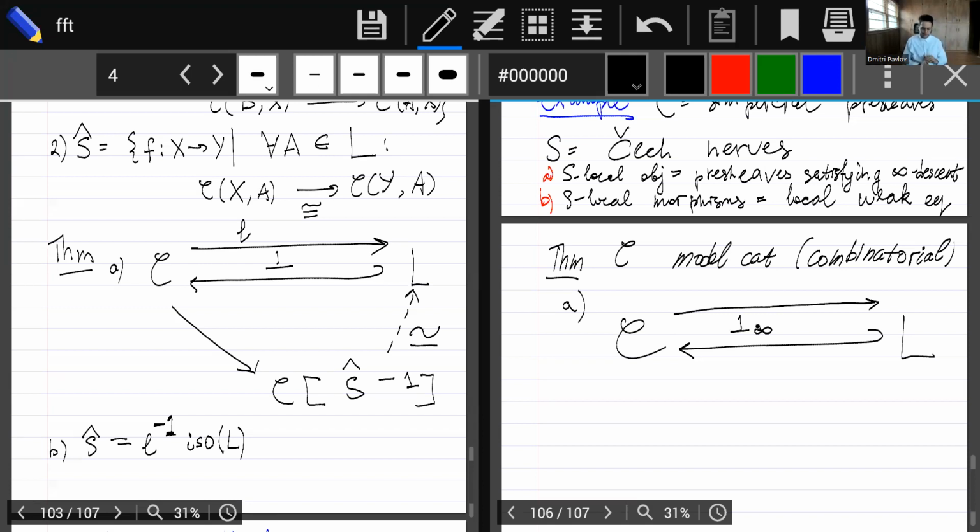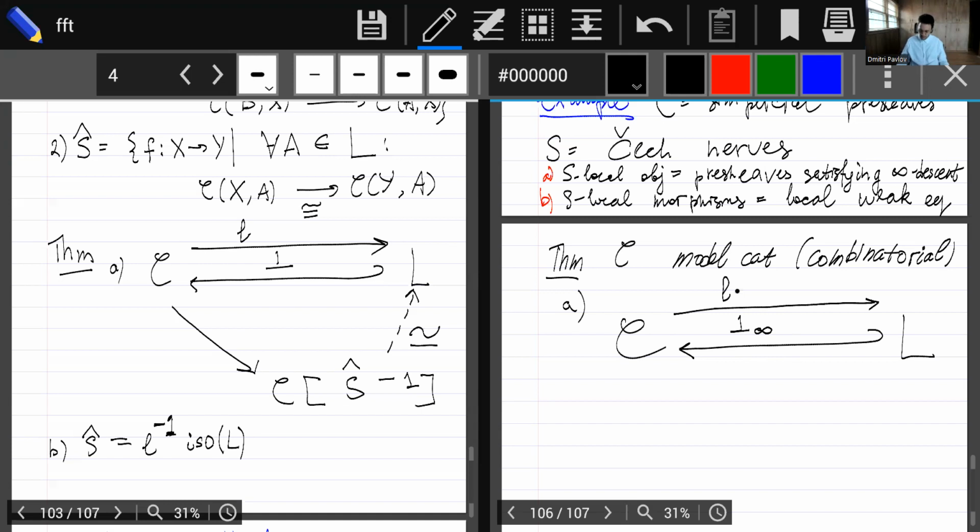This is not an adjunction on the level of underlying categories. So that's why I put this subscript infinity, to remind you that it only becomes an adjunction in the homotopy coherent sense. So this functor L is called the localization functor.